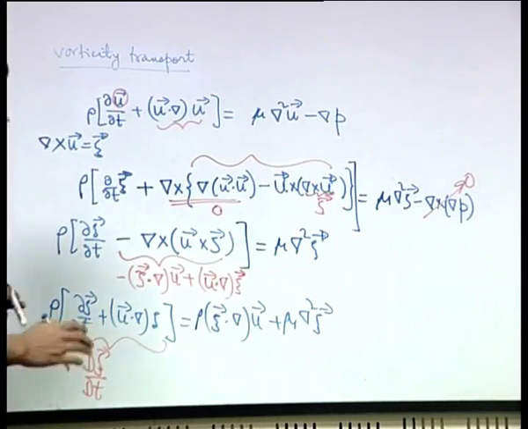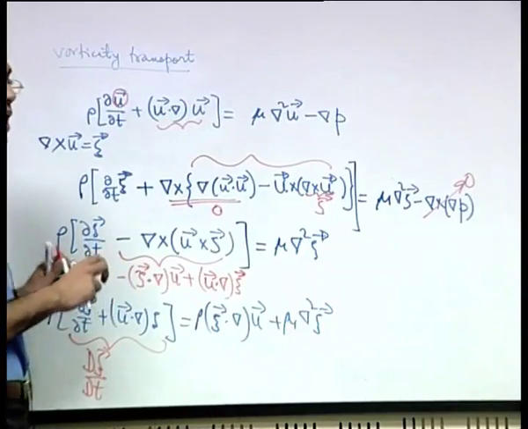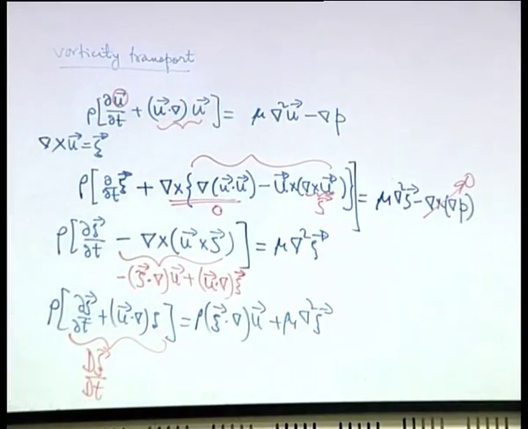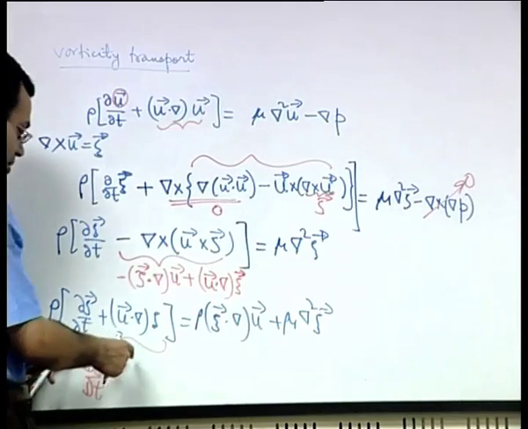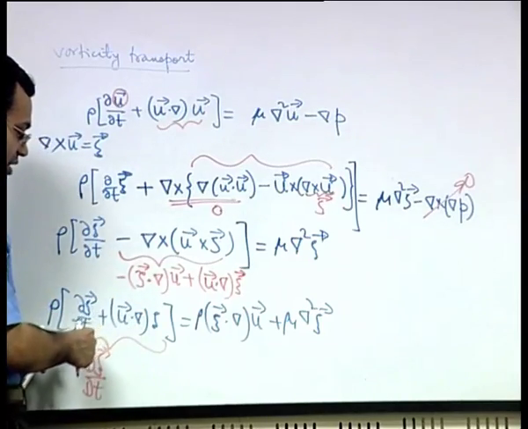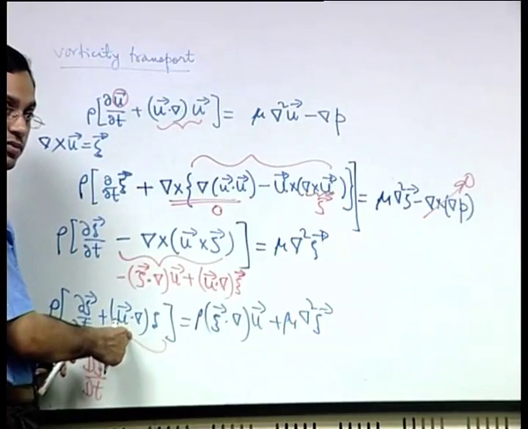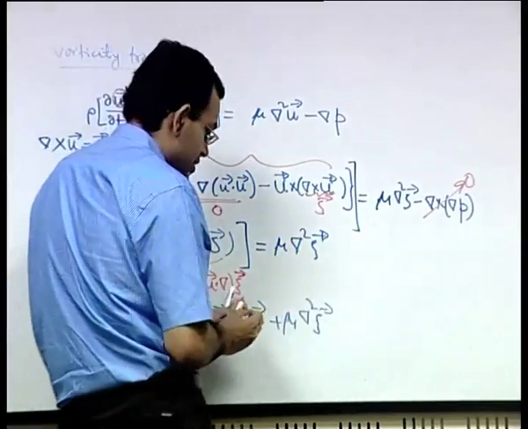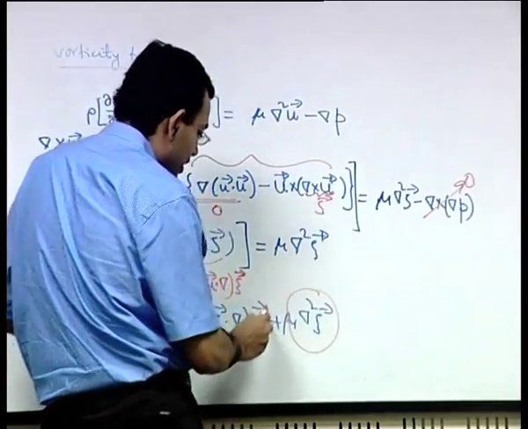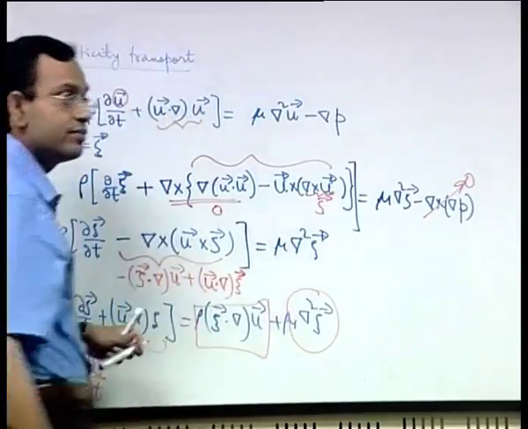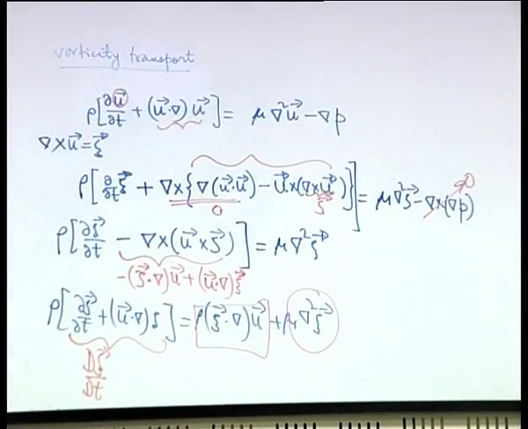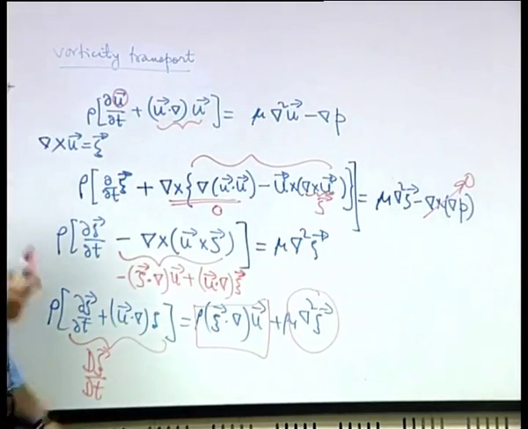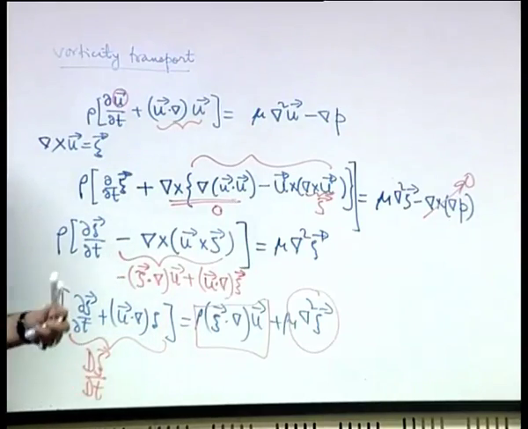Now, we can see that it is like a sort of advection diffusion equation with a source. So, you have the left hand side as a transient term and the advection term, if you can recognize, this is the diffusion term and this is something like a source. Now, what is the source of vorticity? So, that means there is some source of vorticity, and what is that source of vorticity in a turbulent flow?